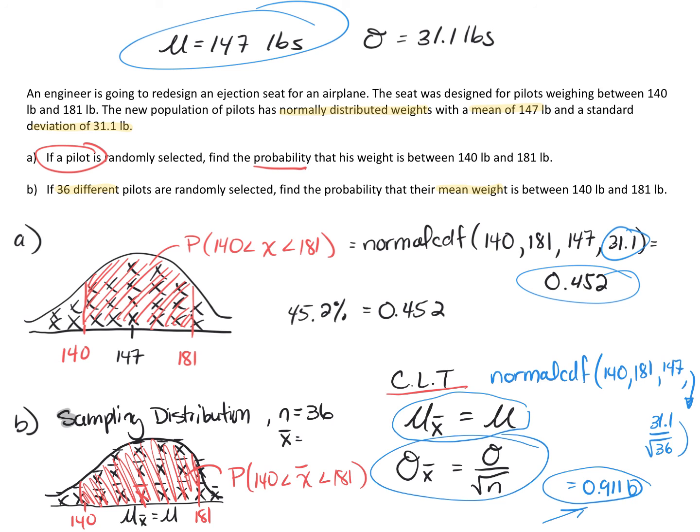So that is the difference between a normal distribution for a random variable such as weight versus a sampling distribution of sample means, where we're looking at the average weight of n number of people or objects.